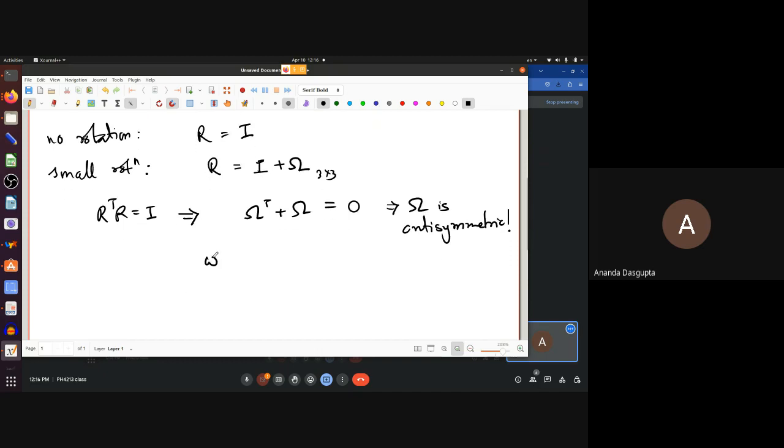Omega ij is negative omega ji. So the number of parameters in the matrix omega, and this should not come as a surprise, is the same as the number of parameters of a 3 by 3 antisymmetric matrix, which happens to be 3. This should not be a surprise because even an arbitrary tiny rotation would usually be described by 3 parameters. All SO3 matrices are described by 3 parameters.